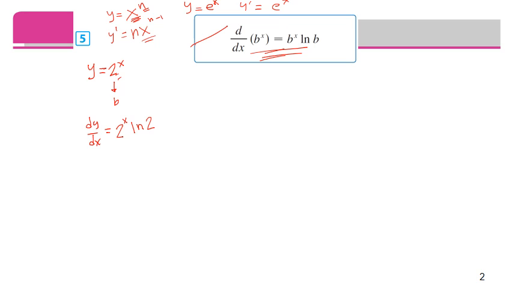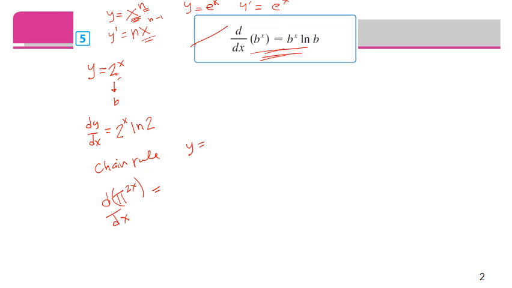How about, this time let's apply the chain rule here. Chain rule. Okay. So how about if we have the derivative of pi to the 2x over dx. So what is that?